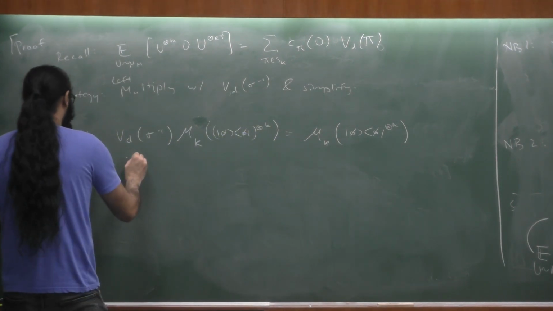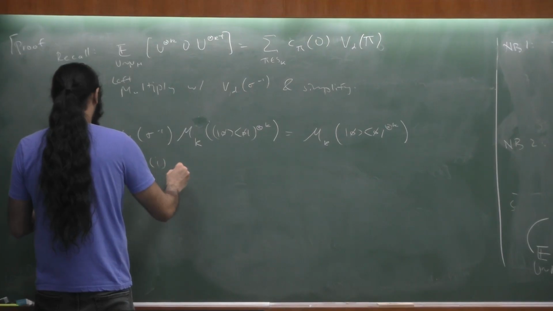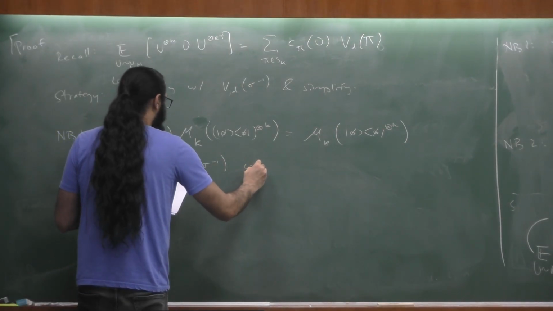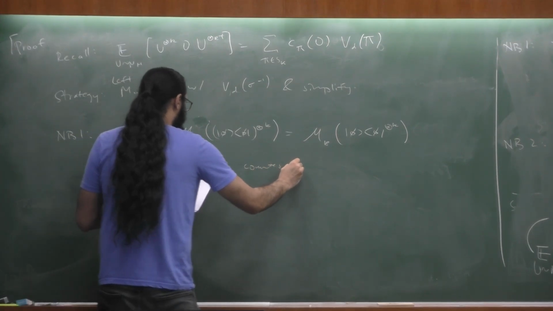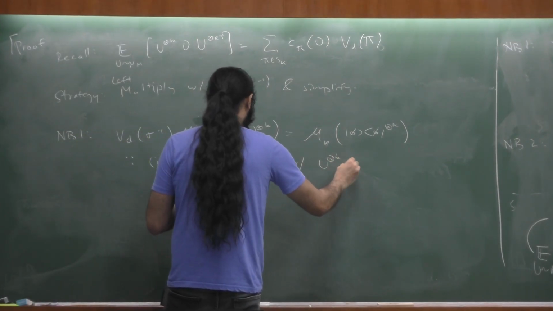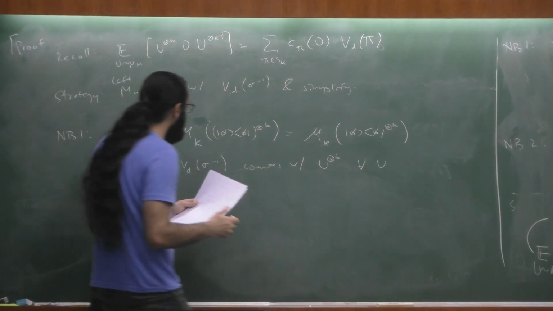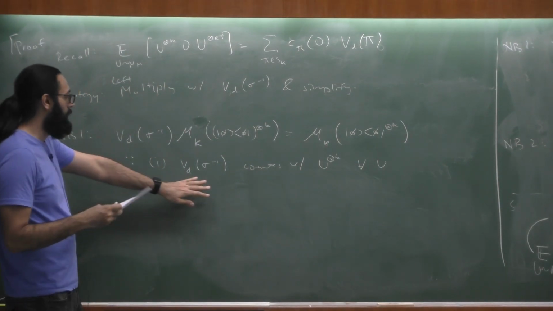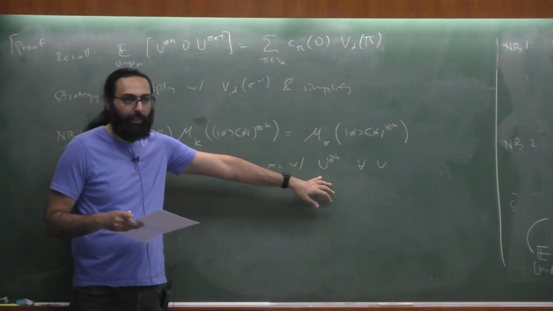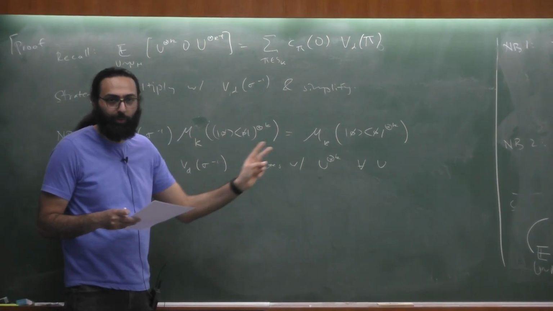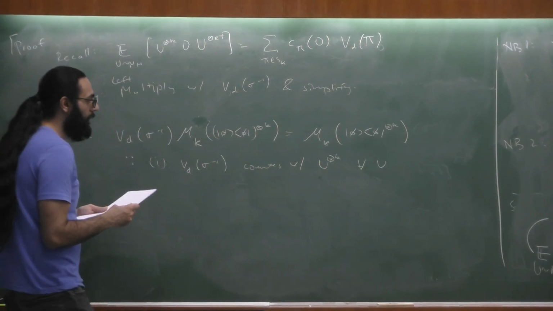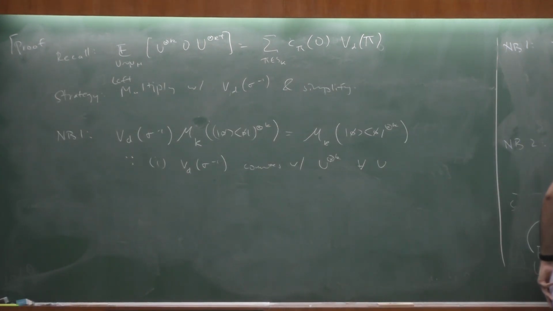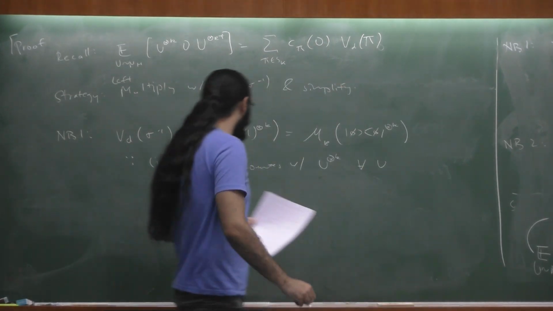Why is that? Because V_d(sigma inverse) commutes with u tensor k for all u, right? So this part is straightforward because of the argument that I just gave, that they're all the same u's, so permuting them will not make any difference. I also had it written somewhere, this argument right here. So it's just saying that.